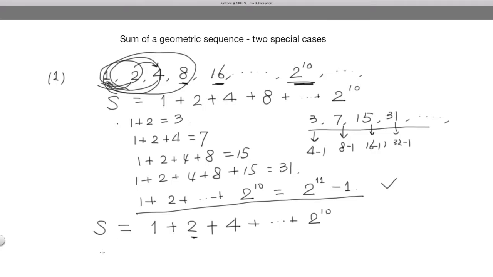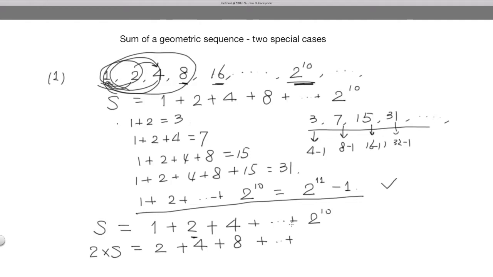So let's do 2 times S. So essentially, I want to multiply each term by the constant 2. So this becomes 2, this becomes 4, this becomes 8, every term multiplied by 2.